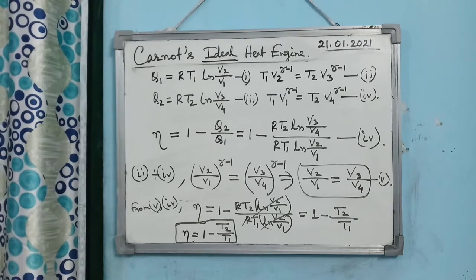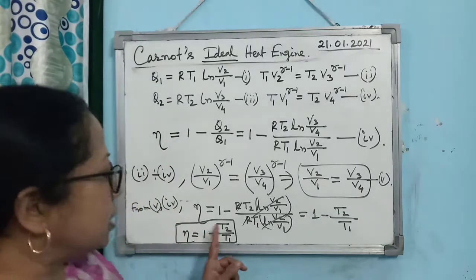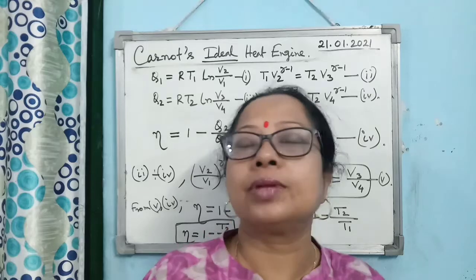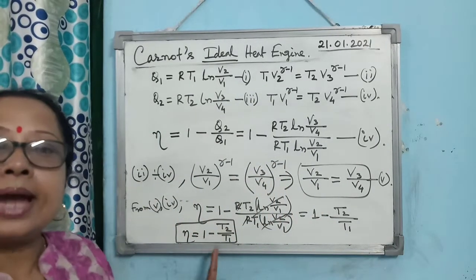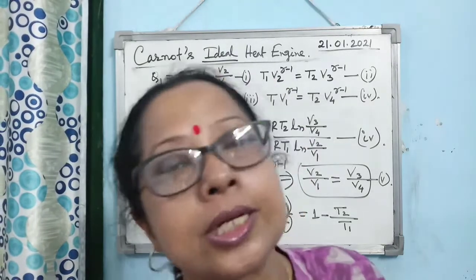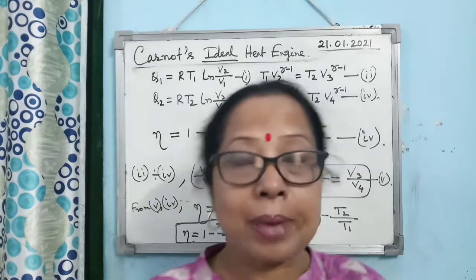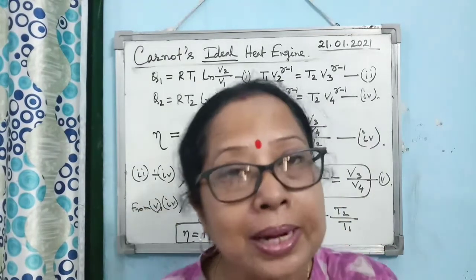Now another point: efficiency is 1 minus T2 by T1. So efficiency depends on what? Efficiency of the Carnot heat engine depends on the temperature of the sink and the temperature of the source. So I repeat, on what factors does the efficiency of a Carnot ideal heat engine depend? First point, temperature of the source.